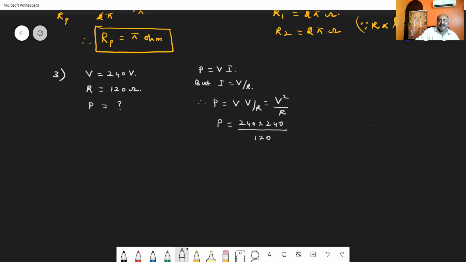It is 120. So 120 and 240, when cancelled, give 2. So power is equal to 480 watts, the power delivered by the toaster.